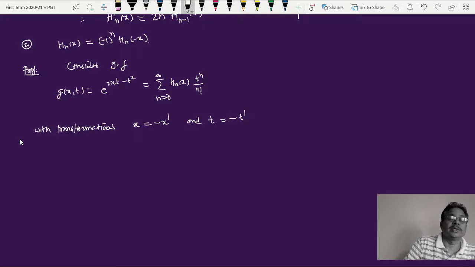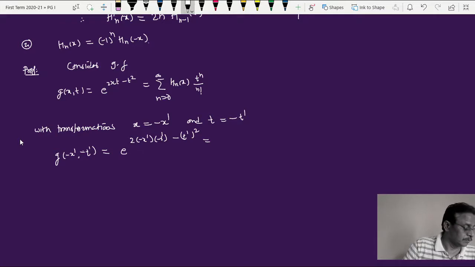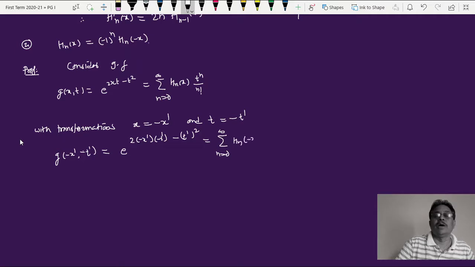Then I'll write this as g of minus x prime and minus t prime is equal to e raised to 2 into minus x prime into minus t prime minus t prime square is equal to summation over n equal to 0 to infinity h n of minus x prime.